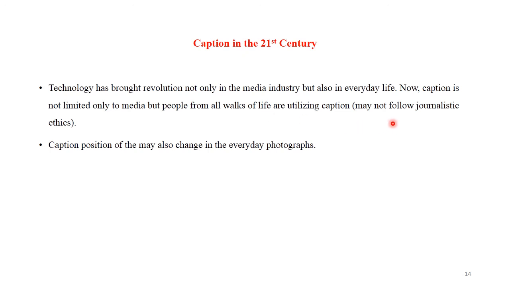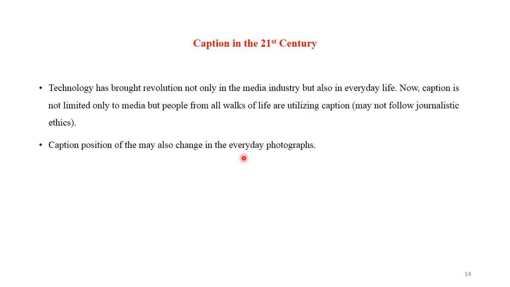Although we accept that the captions or statements they write may not be journalistically right, they may not be following journalistic ethics, that is something else, but we do accept that they are writing sentences because this technology has enabled people to use different techniques of using text on their photos.